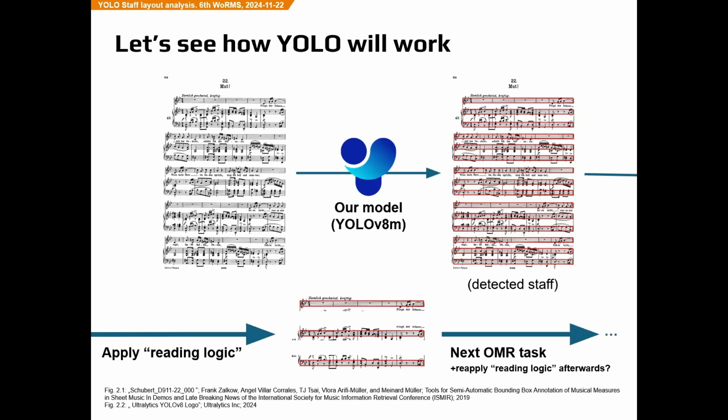The purpose of this is to take the big image, like a full page of music annotations, and split it into logical parts. For example, here you can see staff being detected, and then use this data in other OMR tasks like end-to-end music recognition.